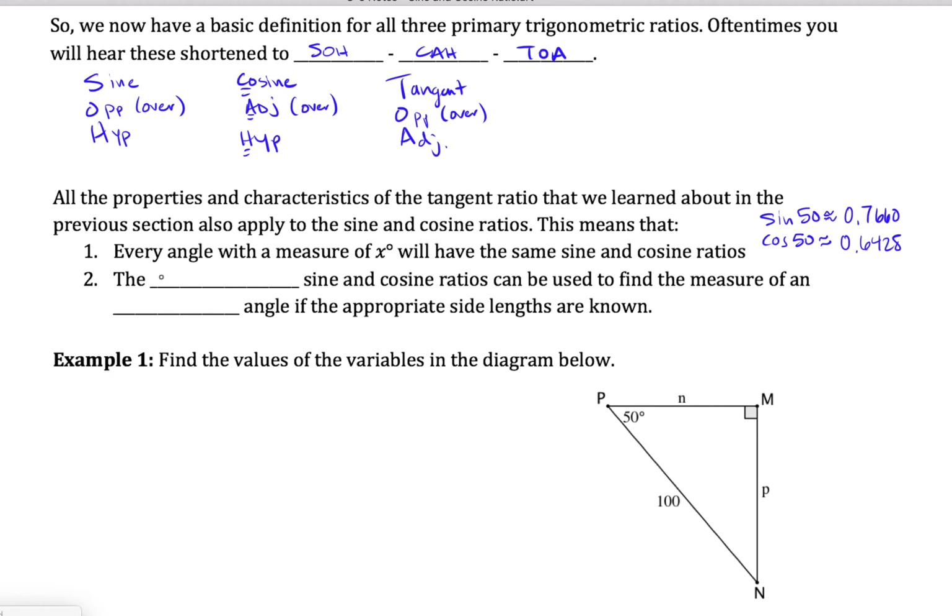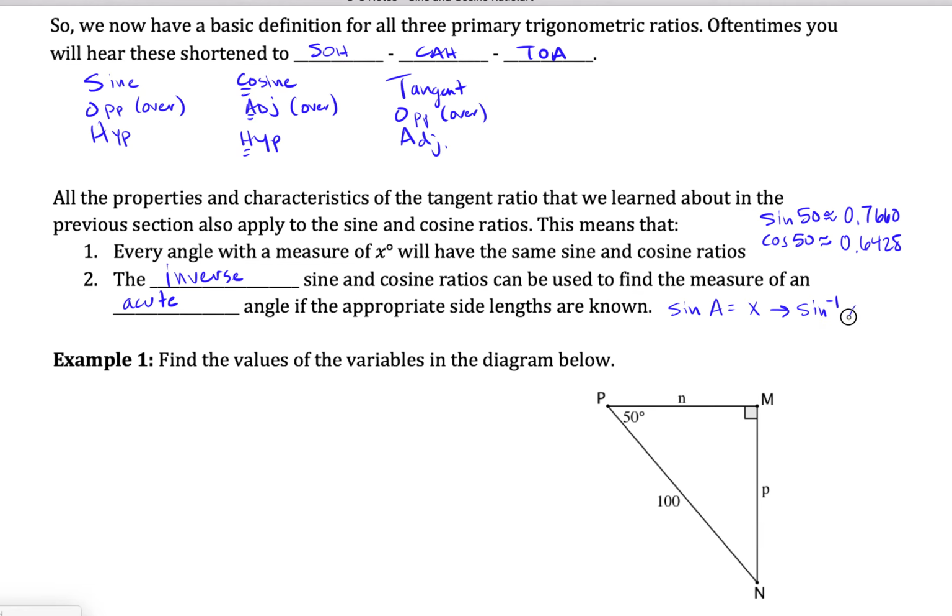And secondly, we can use what we call the inverse sine and cosine ratios to find the measure of an acute angle if the appropriate side lengths are known. So for instance, if we know that the sine of angle A is equal to x, then that means that the inverse sine, which looks like this usually written out, and if you're looking on your calculator, this is the function that you're looking for in your calculator.